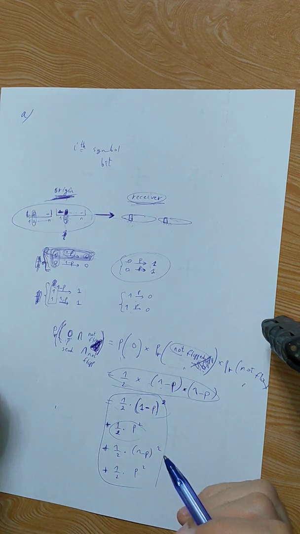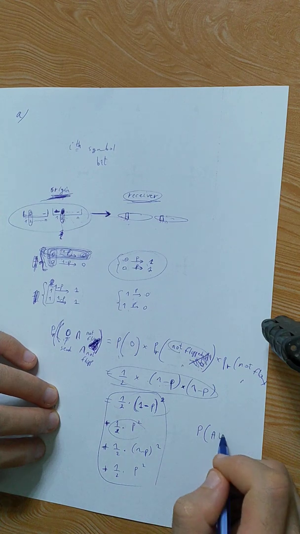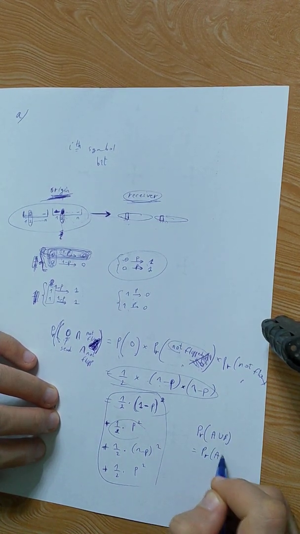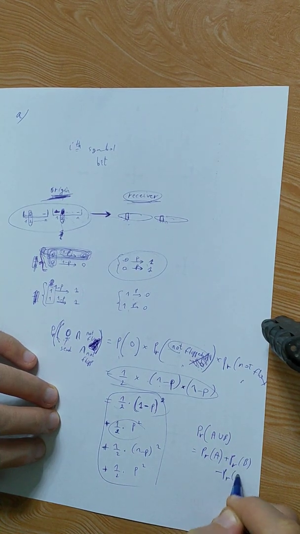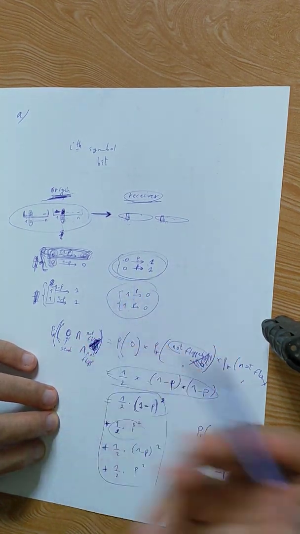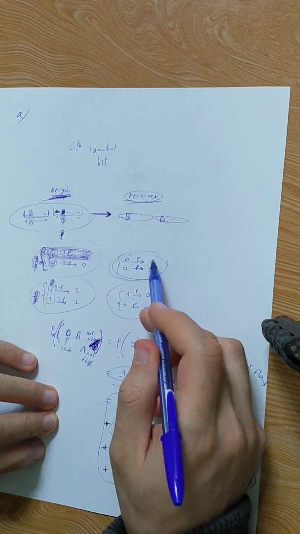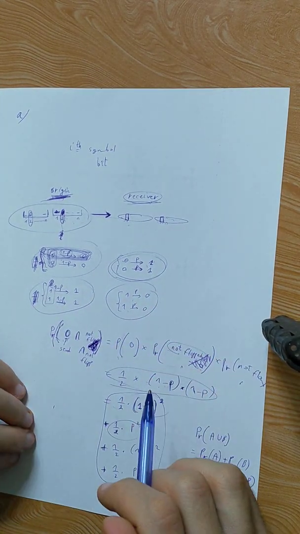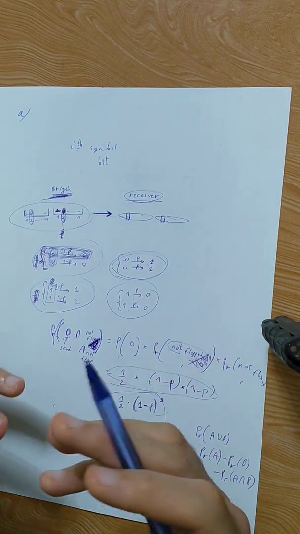For example, when you say probability that A union B equals probability A plus probability B minus probability of the intersection. So this event and this event cannot intersect, and cannot intersect with this one. Why? Because they are simply different. This is 1, this is 0. Done. They are not the same.